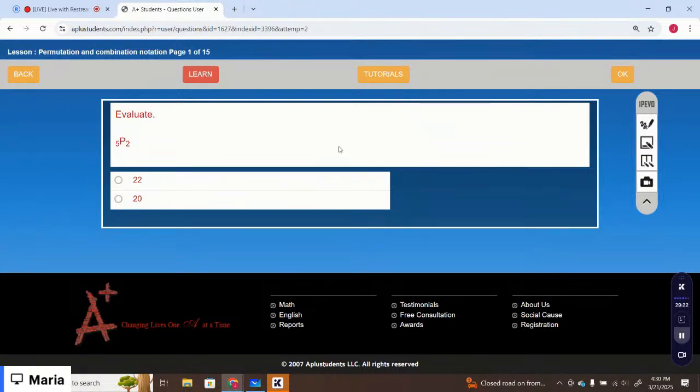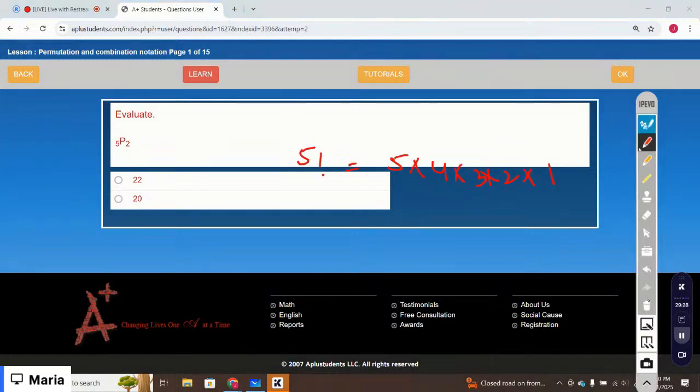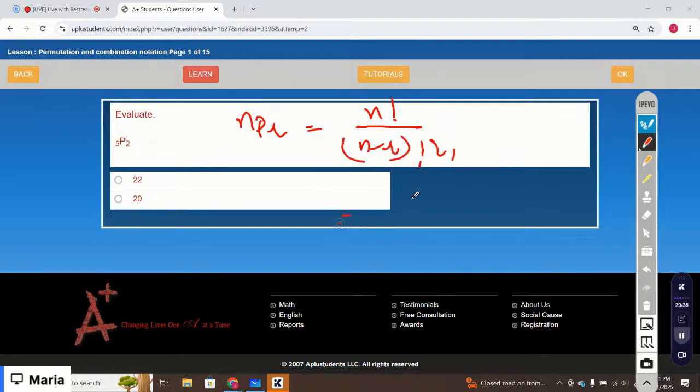5P2. P is for permutation. You need to calculate the permutation, that is nPr, which is n factorial divided by n minus r factorial.